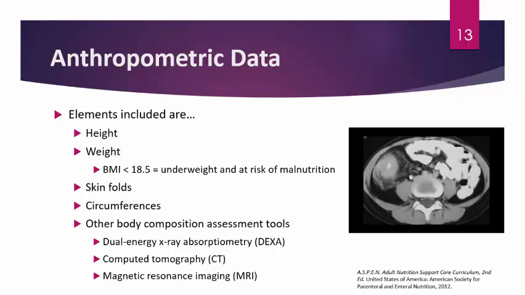You can also use some other body composition assessment tools, such as DEXA scan, which we commonly see used to diagnose osteopenia and osteoporosis. Essentially, with the DEXA scan, we can determine your bone mineral density. CT and MRI scans can also be used to determine areas of visceral fat. However, these are not commonly used for this purpose, as they require lots of training to be performed.